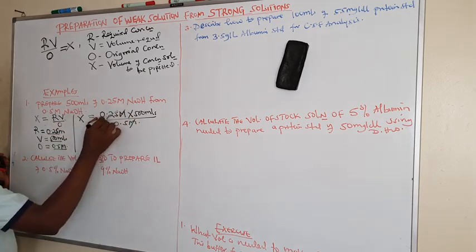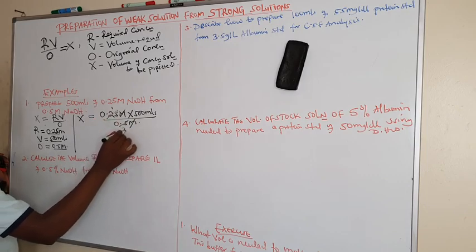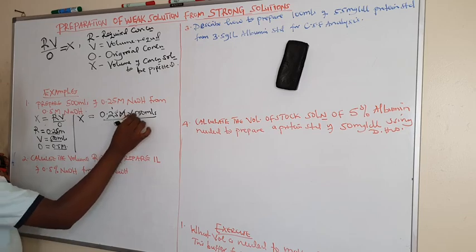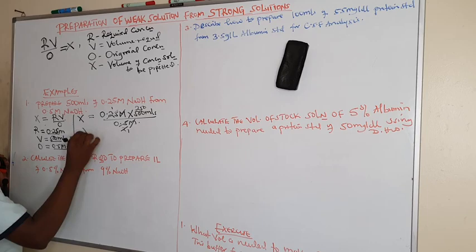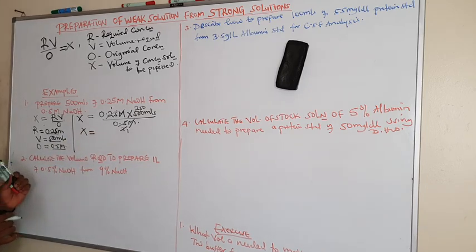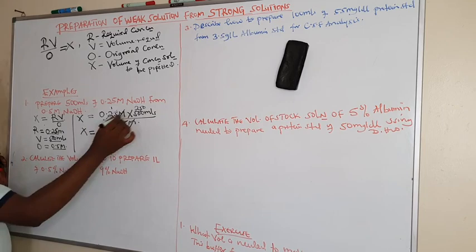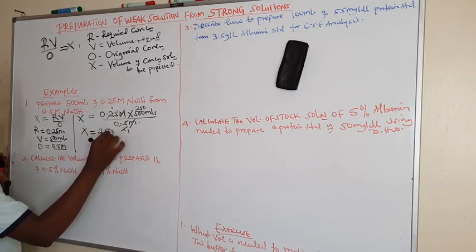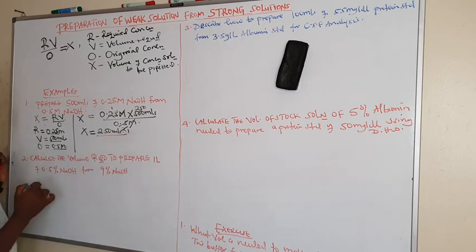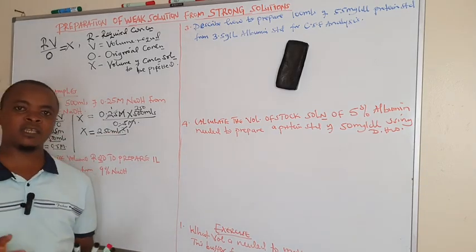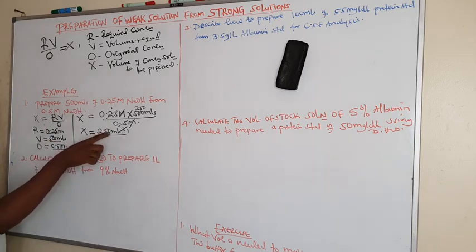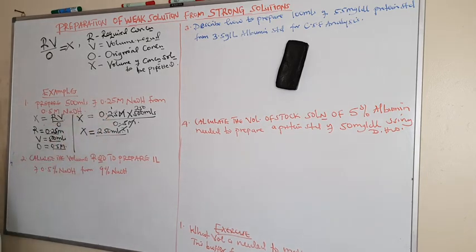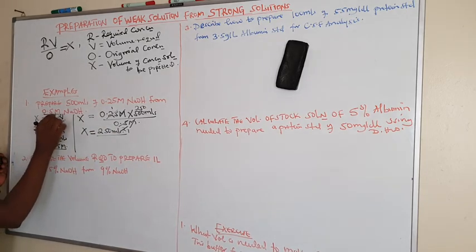And 0.25 over 0.5 gives 0.5, and 0.5 times 500 is 250. Therefore, X, the volume of the original which we shall need to pipette, is 250 ml.